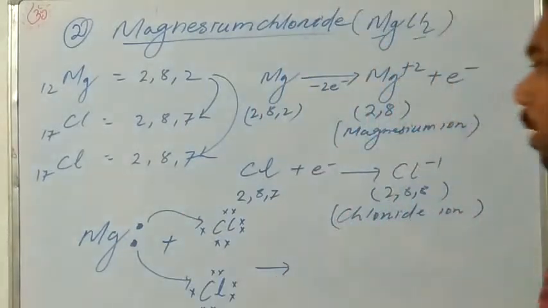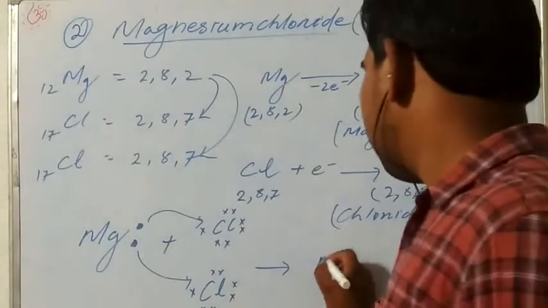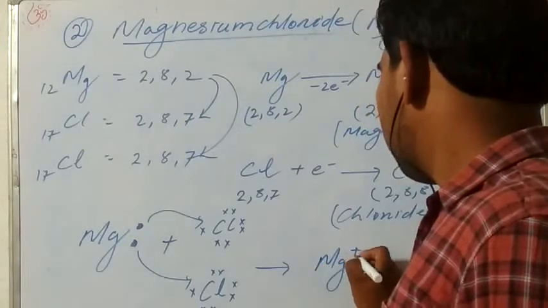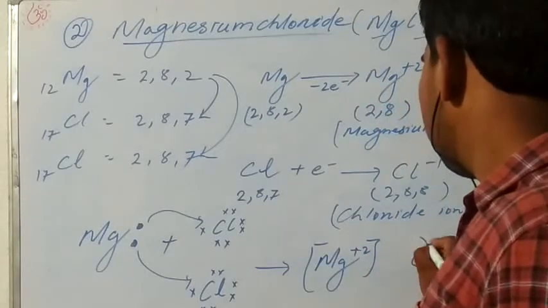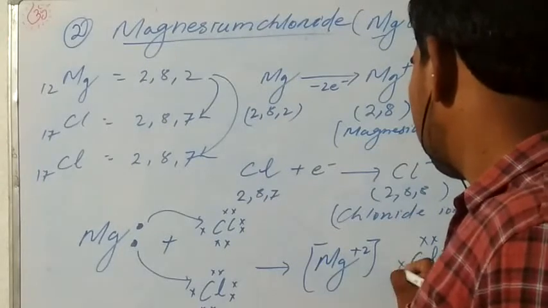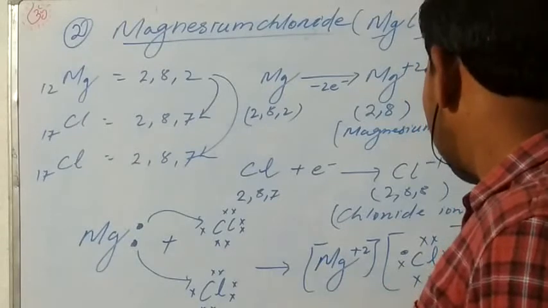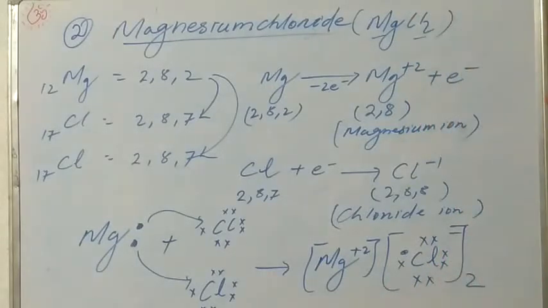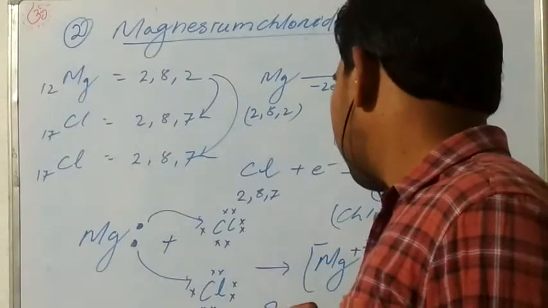Here magnesium forms a positive ion, that is Mg2+, and chlorine forms Cl minus. Here there are 2 chlorines, that's why we have 2. So it is magnesium chloride.